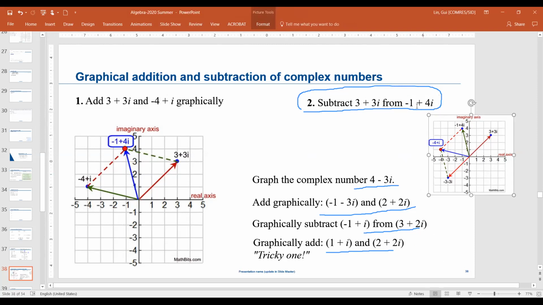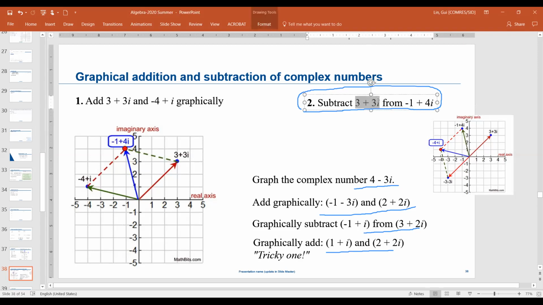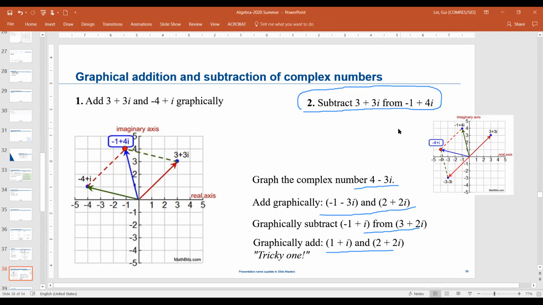So initially this number is negative 1 plus 4i, which is right here. Minus this number, negative 3 plus 3i, which is right here. Combining these two, you get this number here, negative 4 plus i.